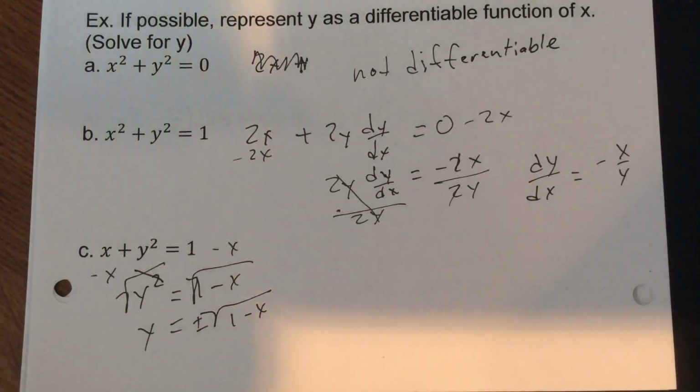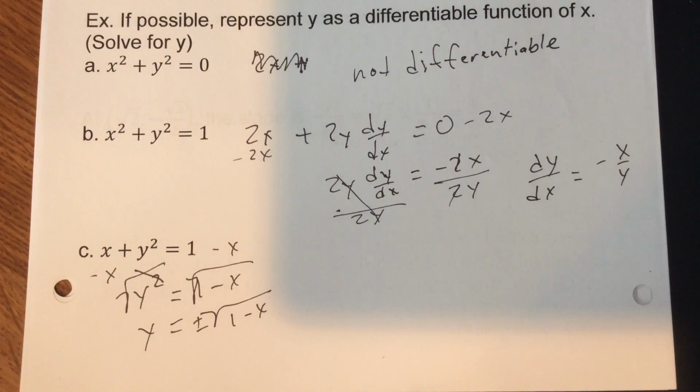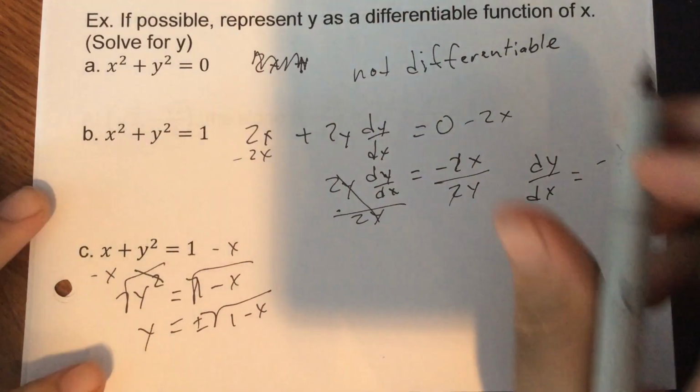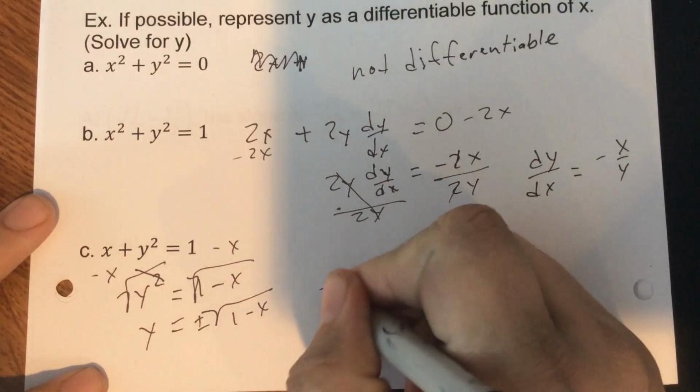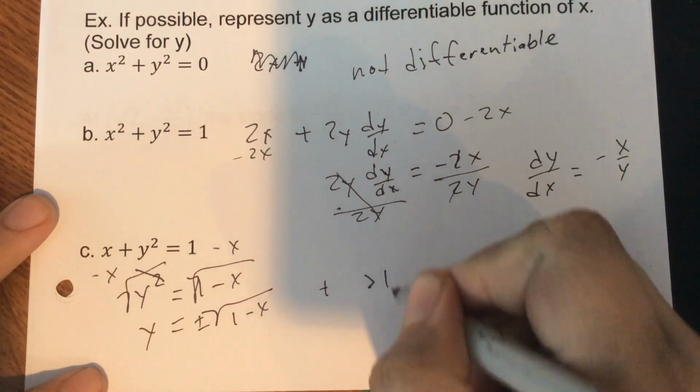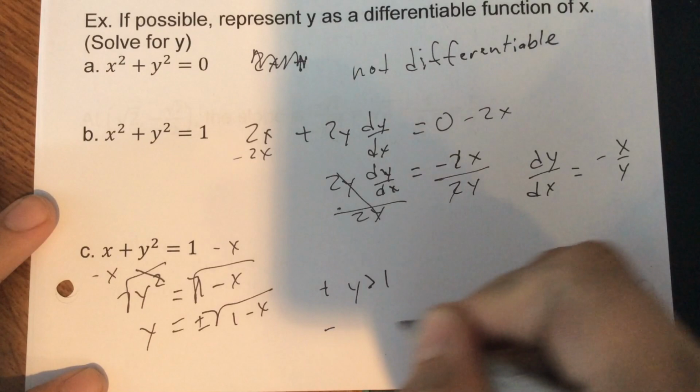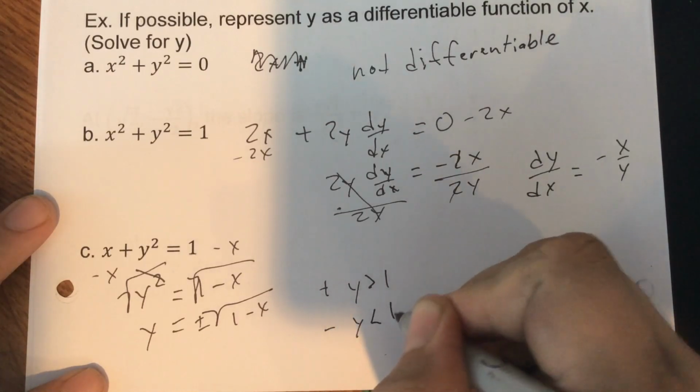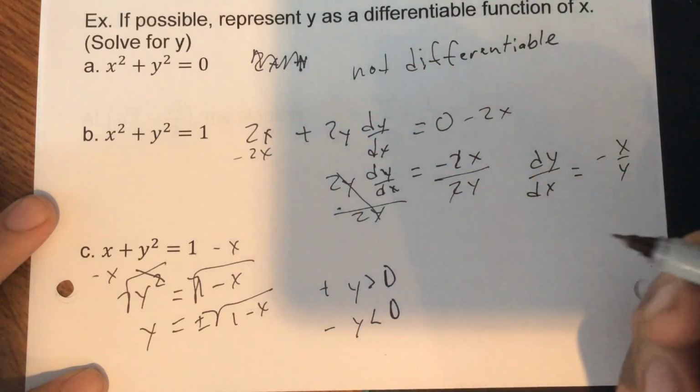So in this case, where are we going to be able to find the derivative of this? Whenever y is on the plus side, and on the minus side when y is less than 0.